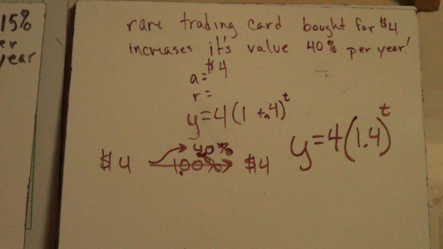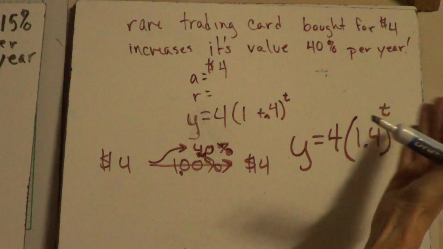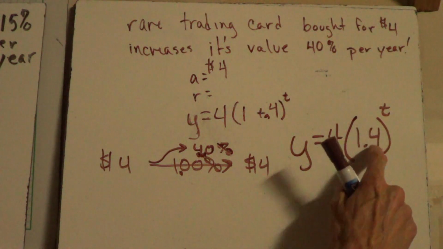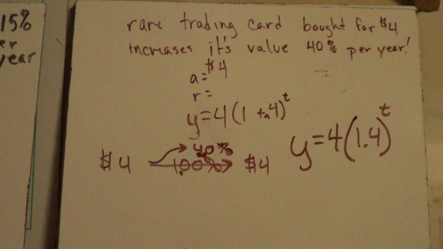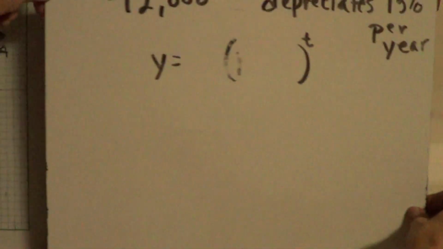If you work that out, which you will in class, it's per year. On the 0 year, when you started, it was worth $4. On the first year, it goes up to like $5.60. Then it increases pretty rapidly because this is almost half of its value added back in every year. It's a pretty cool graph to look at, especially when you think about investments.